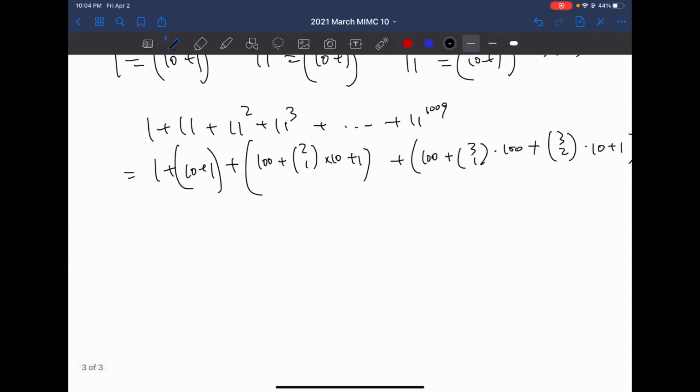And taking the mod of 1,000, we can get 1. There are 1,010 terms of that, so times 1,010.